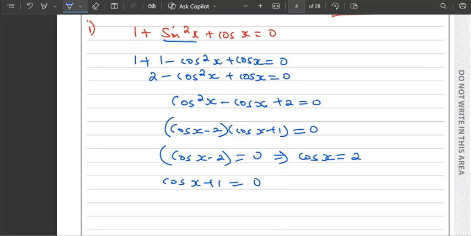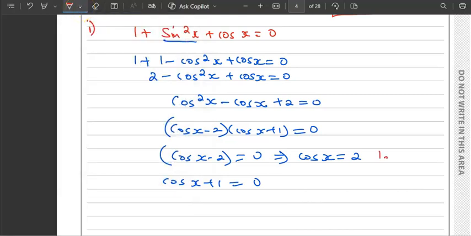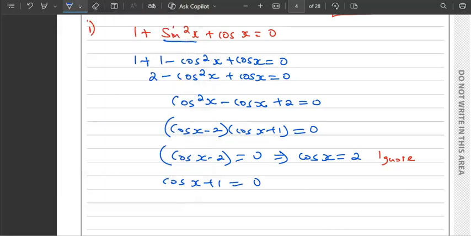We can ignore this because it cannot be solved. But then we pick the second: cos x plus 1 equals 0. Taking 1 to the other side, we have cos x equals negative 1.